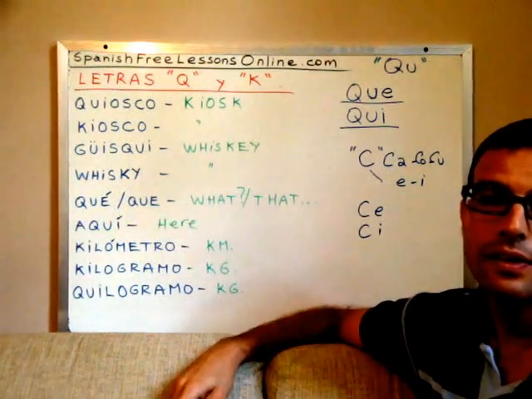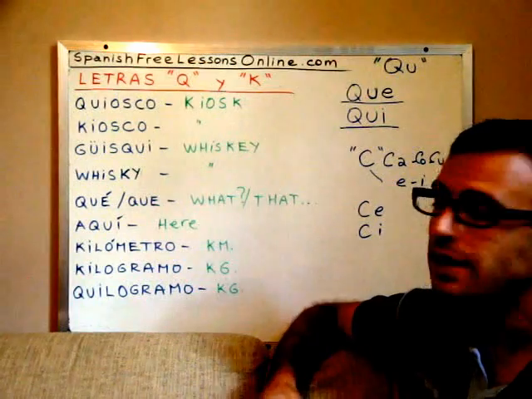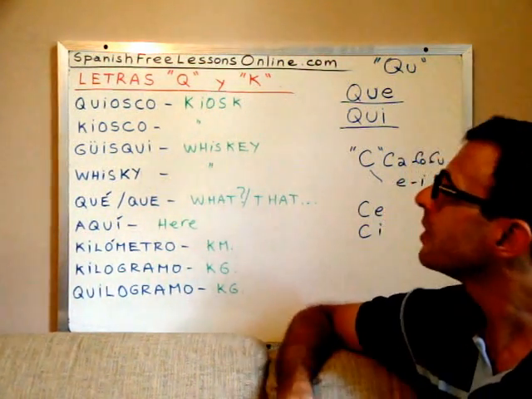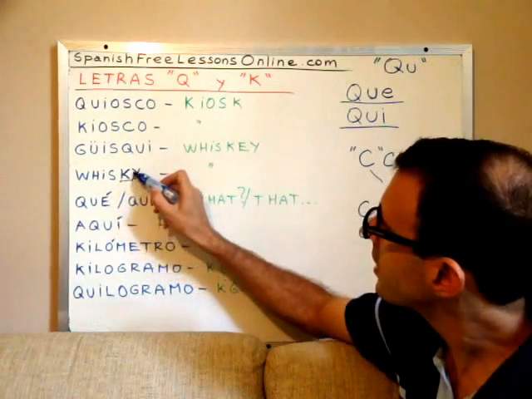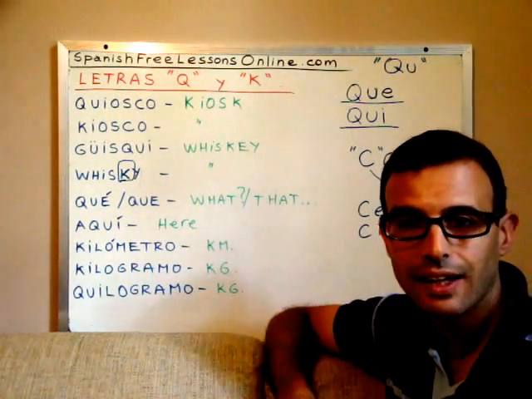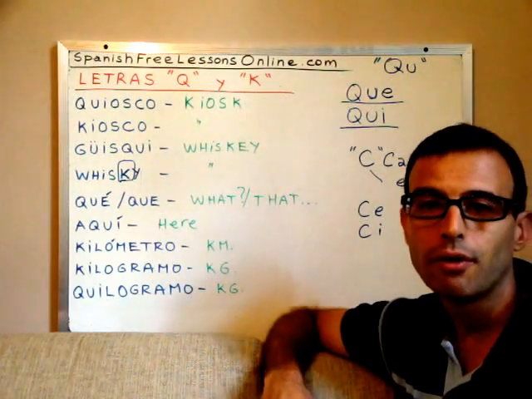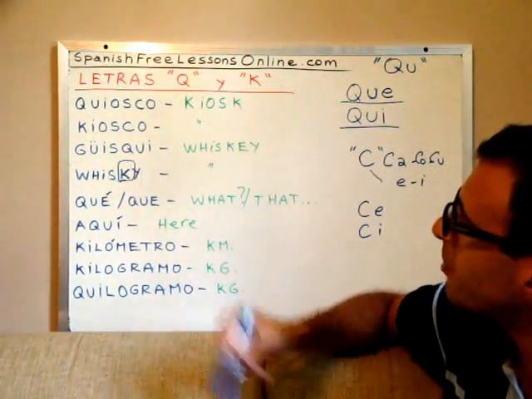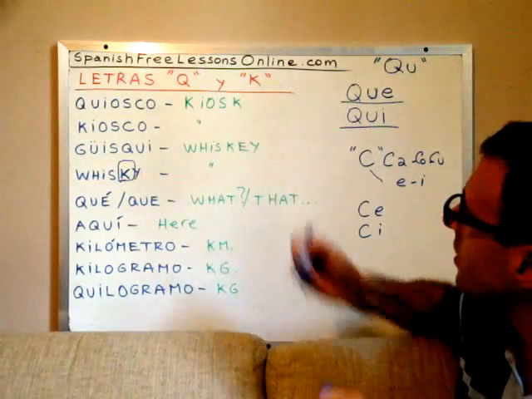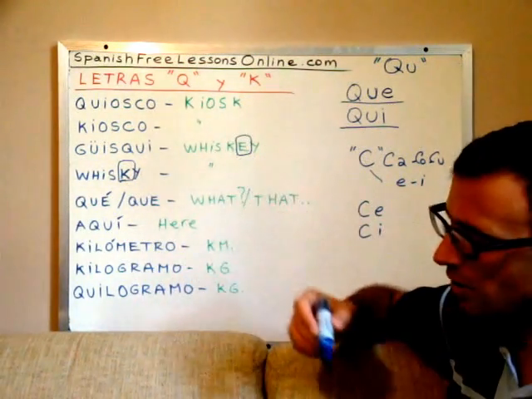Whiskey, since it's obviously an English word that has been accepted in the Spanish language, has traditionally carried the K, indicating that that is a foreign word that has been adapted, of course, because in Spanish you write it without this E, right? That is common in English.